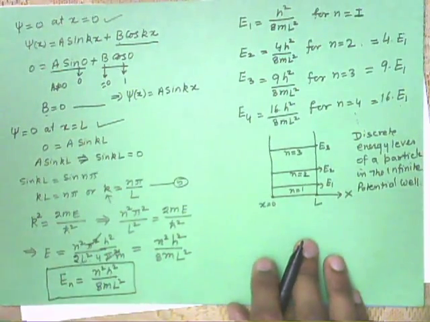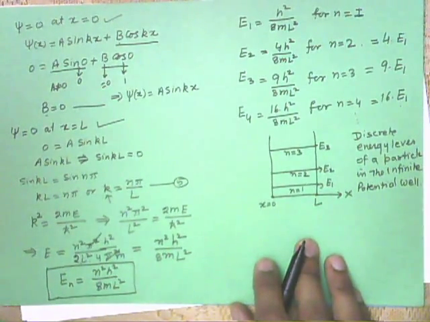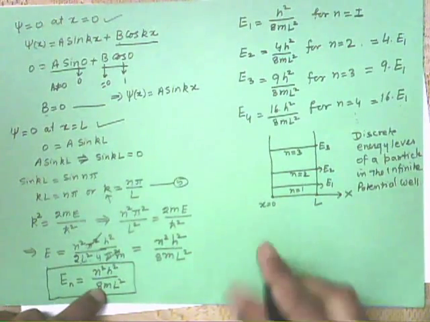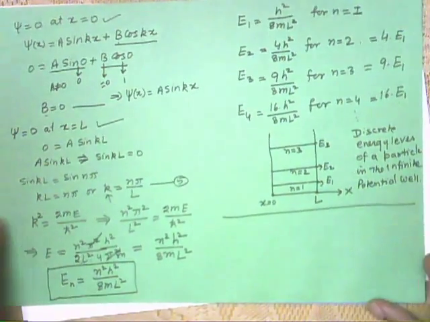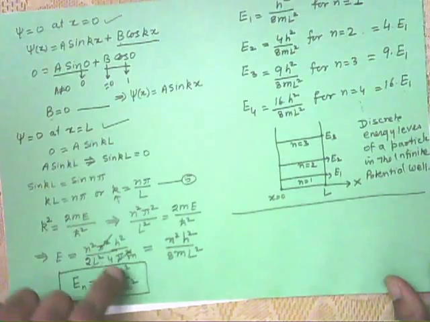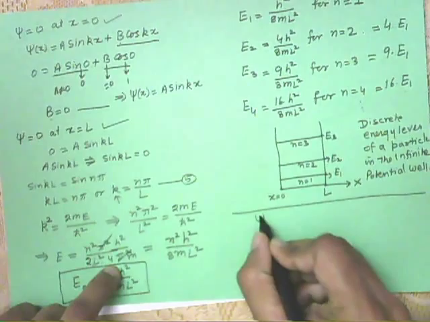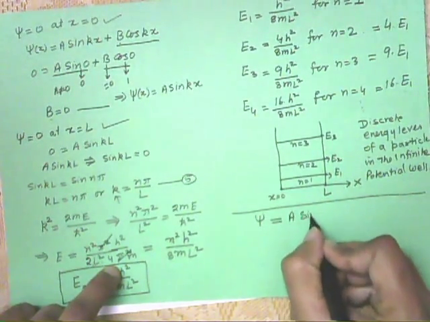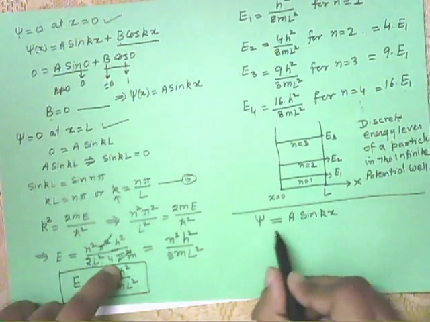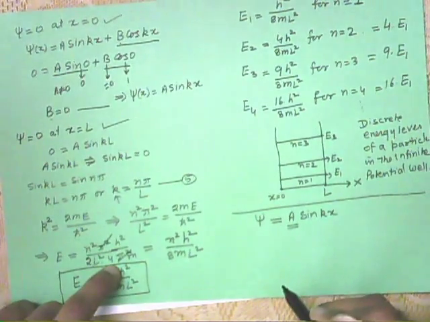So this was the discussion about the energy of the particle in an infinite potential well. Now we have to find the wave function of that electron inside the well. For this purpose we have to use the normalization condition, because we have the function psi is equal to A sin kx, but this wave function is not normalized.